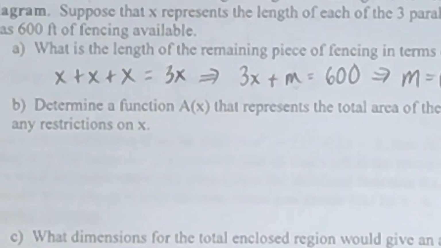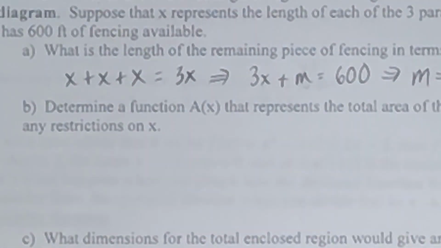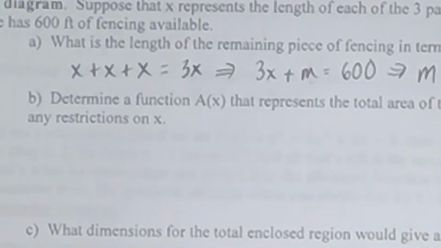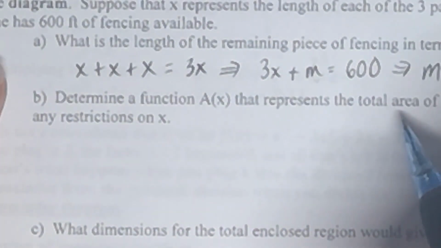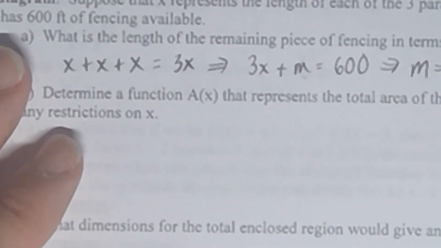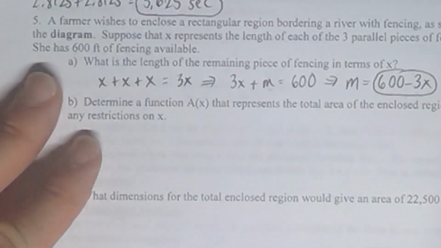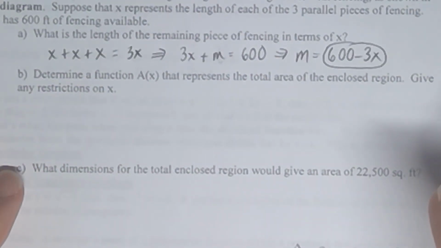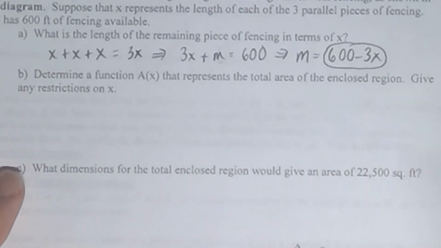It says determine a function. They call it A because it's going to represent the area. You could call it F if you want to, theoretically. It's just a function, but it does represent the area, so they give the name A there just to make it easier. But it represents the total area of the enclosed region. Total area. And then it says give restrictions on X. We'll get to that.